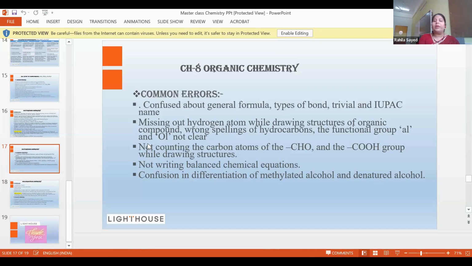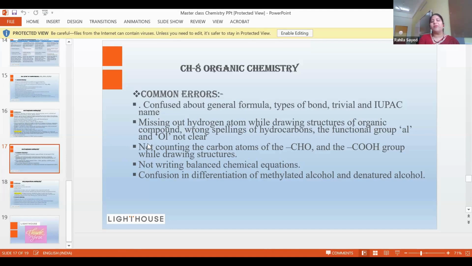Then not writing the balanced chemical equations. Again, children, if you check the chemical equations for organic chemistry, they are quite easy compared to inorganic chemistry. They are short and easy to learn and understand. So see to it that you write the balanced chemical equations along with the correct conditions.